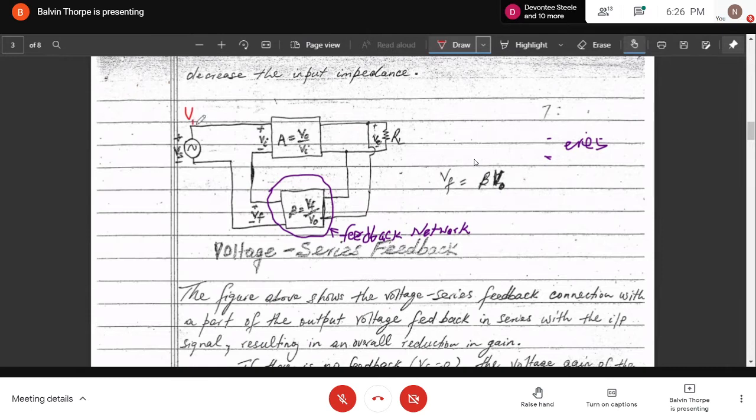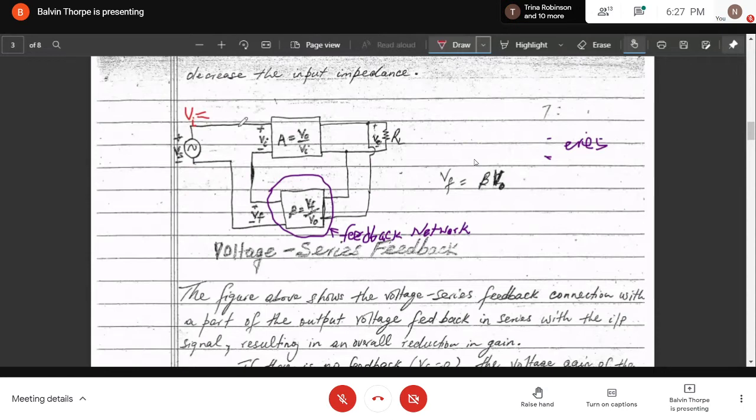Repeat that, sir. Vi is going to equal Vs minus Vf, as it's a negative feedback. Yes, sir.